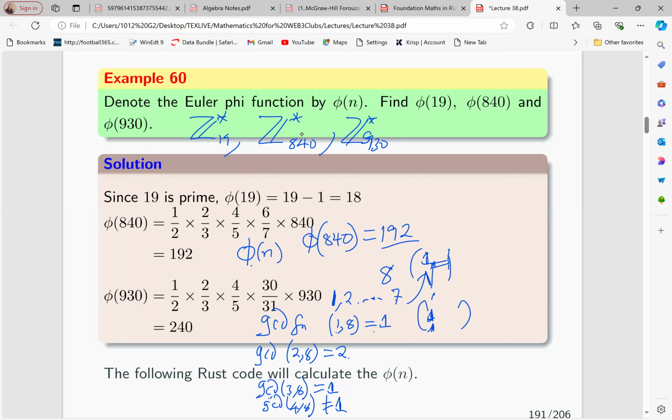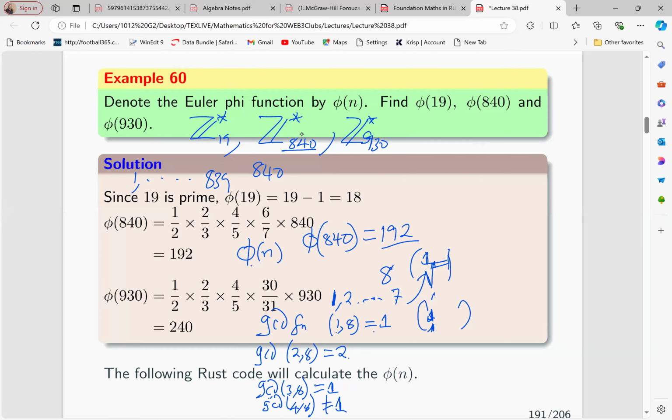So you must have that function. That function will be testing all the elements. For instance, when you're talking about 840, we want to find elements which are relatively prime to 840. How many are they? It will be checking elements all the way from 1 up to 839, checking each one of them, combining with 840 and finding the GCD.